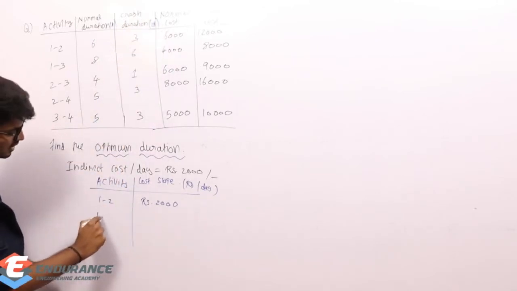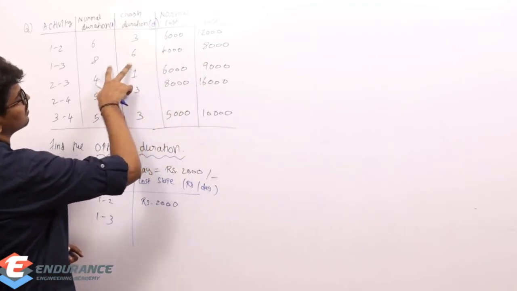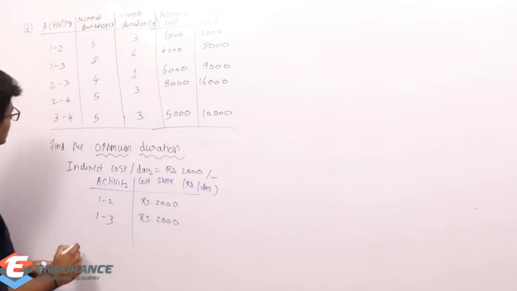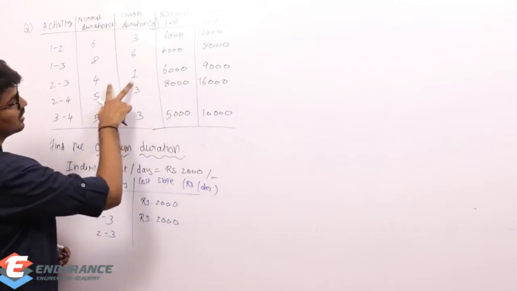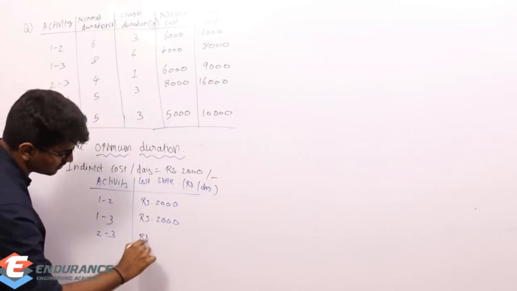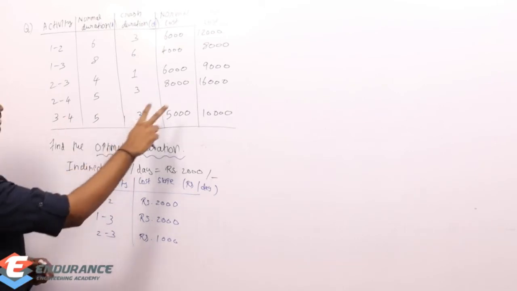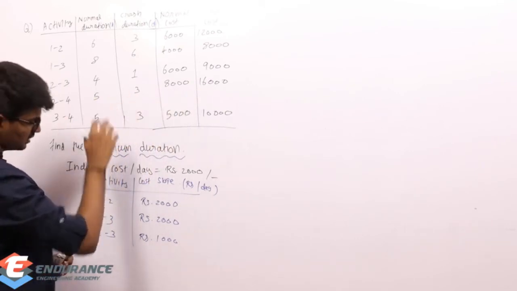What about 1 to 3? For 1 to 3, the cost difference is 4,000, and divided by 2 it is 2,000. What about 2 to 3? The cost difference is 3,000 by 3, which is 1,000. For 2 to 4, the difference is 8,000 by 2, which is 4,000.